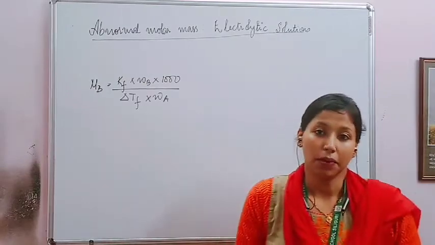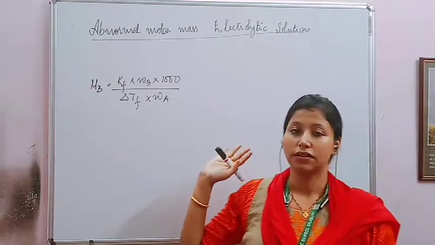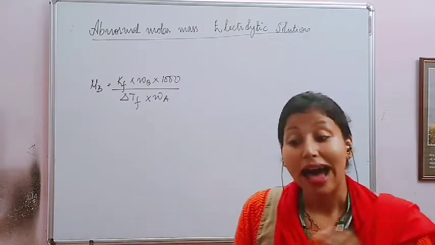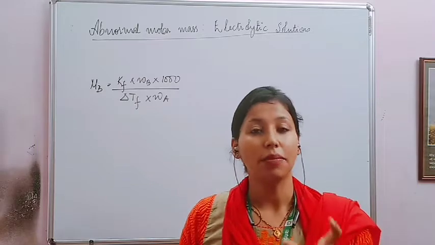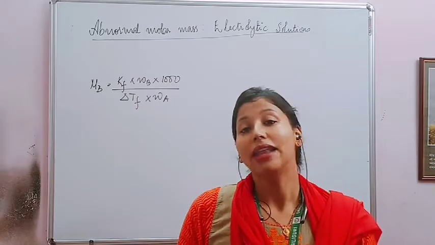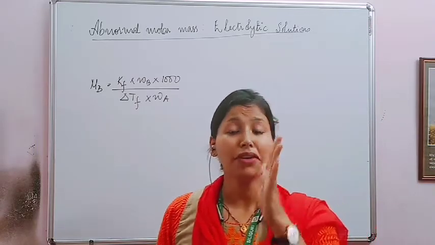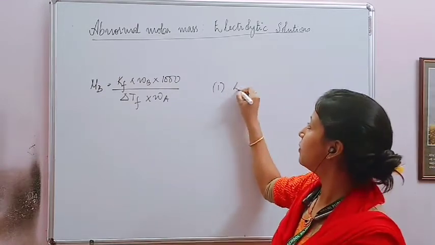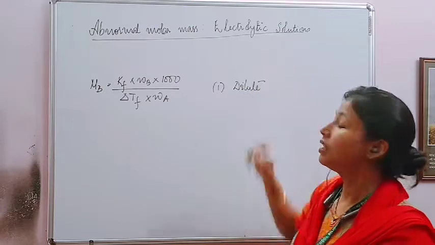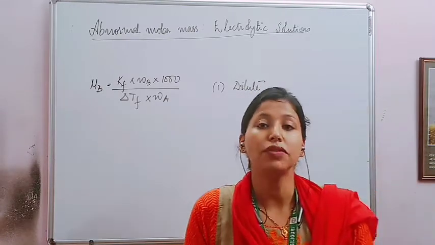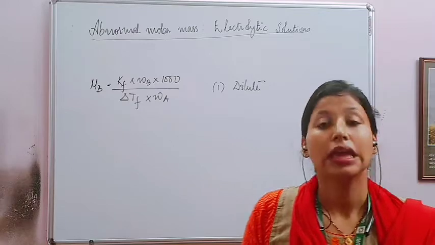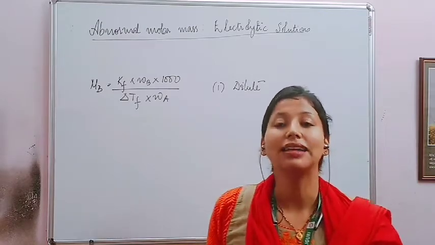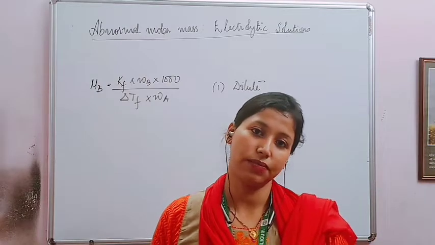Now, we must remember that the values that we get from these relations are basically correct when our solution is very, very dilute. Now, why dilute? What happens if our solution is concentrated? If our solution is concentrated, the solute will start interacting with the solvent.